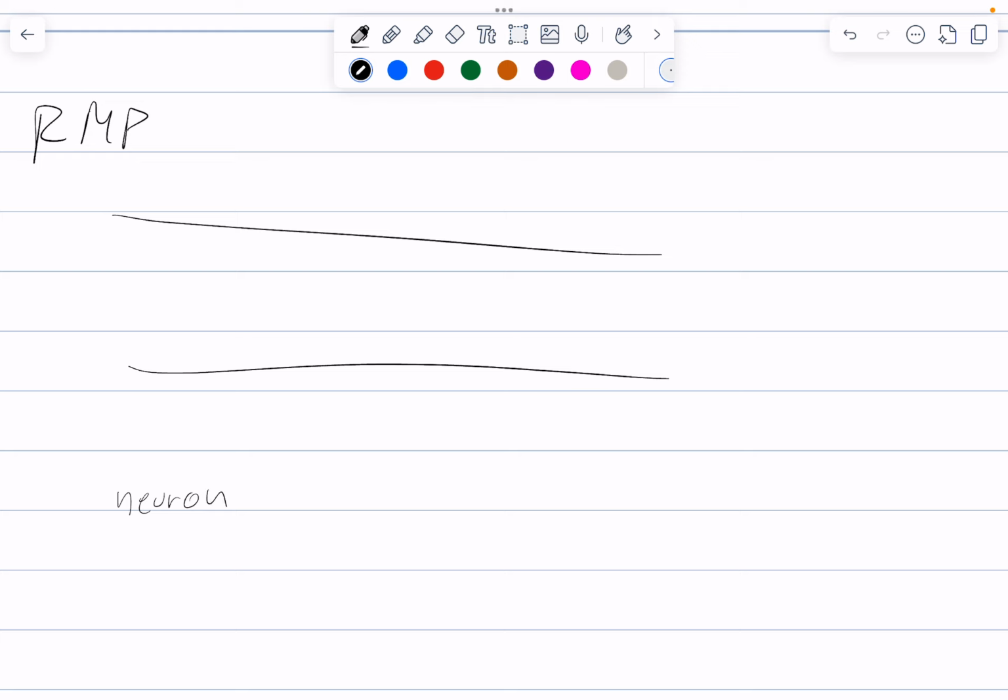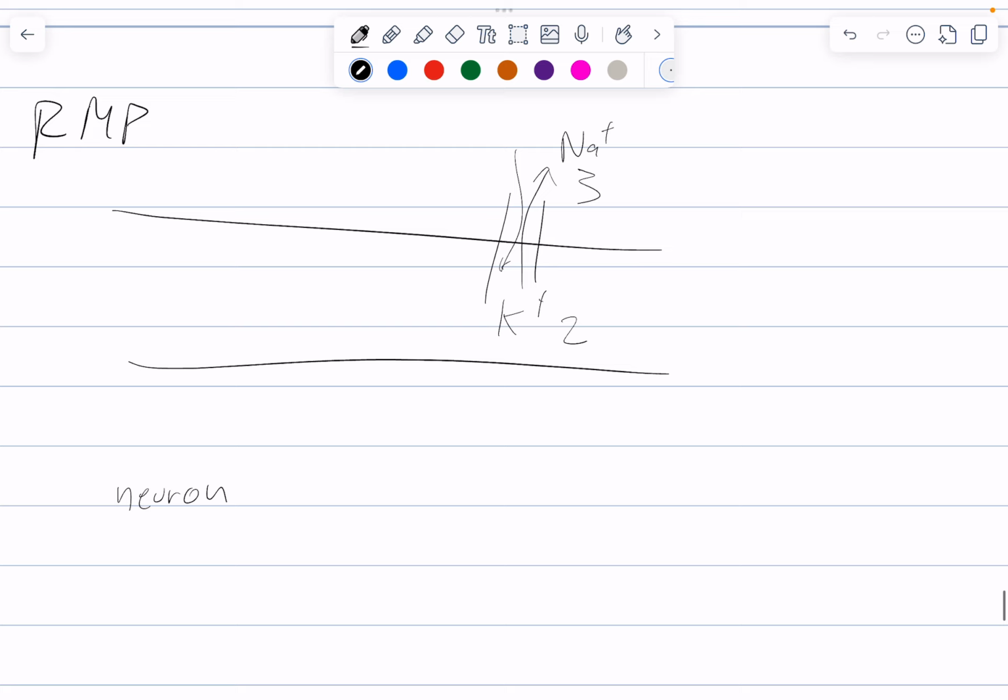So we've got sodium potassium pumps. That helps to pump against the gradient, and since it's pumping out more positives, it ends up making the cell more negative because it's bringing in 2 positives, but it's taking out 3 positives.